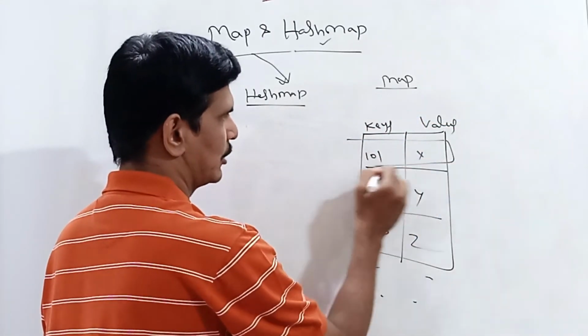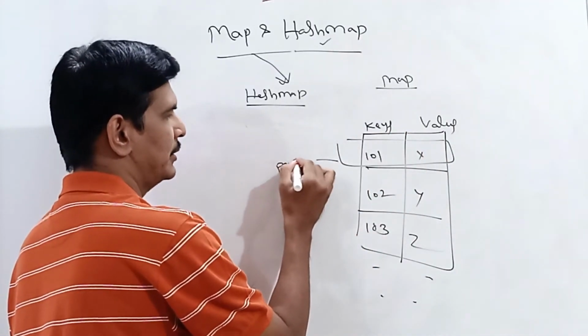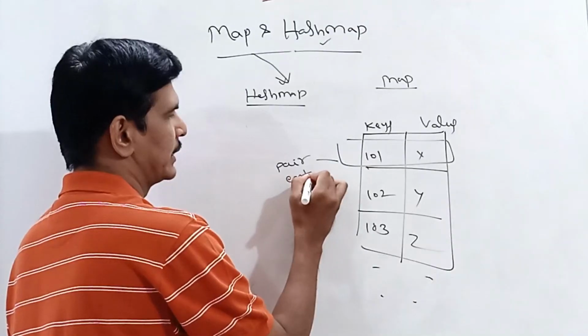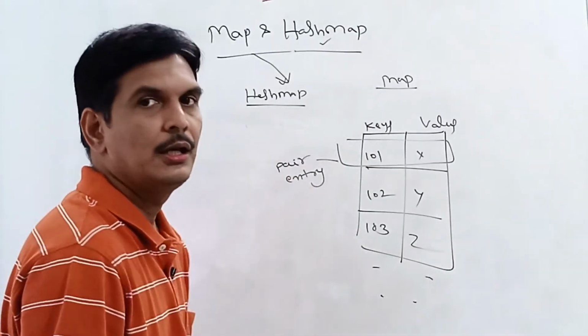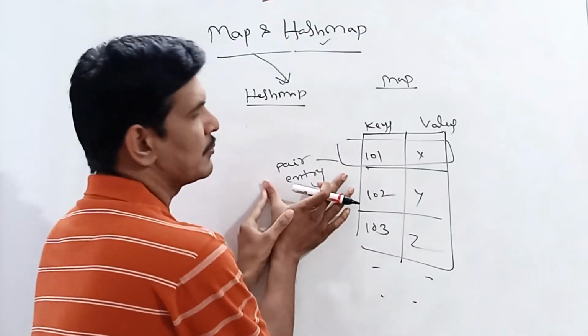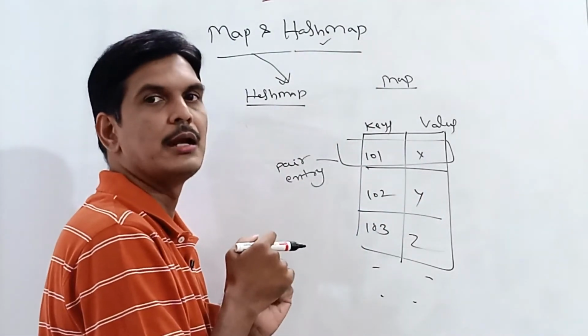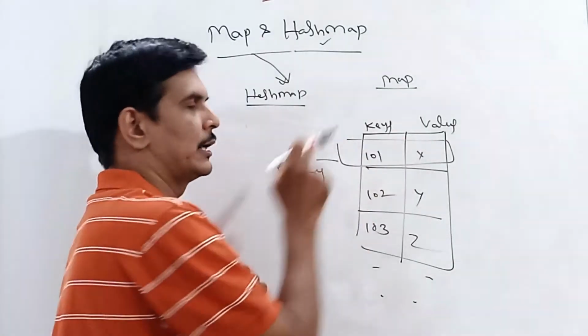Each key value pair, a combination of key and value, is called one pair, or one entry. So an entry means a combination of key and value.